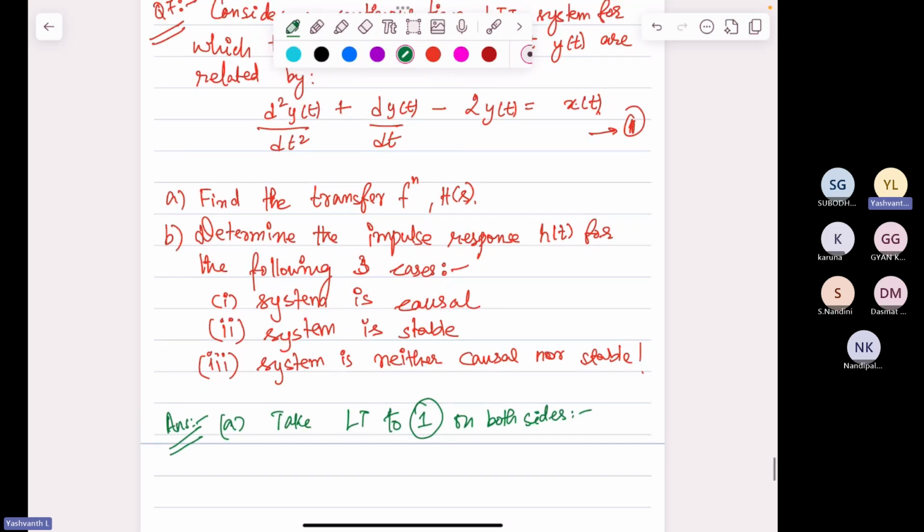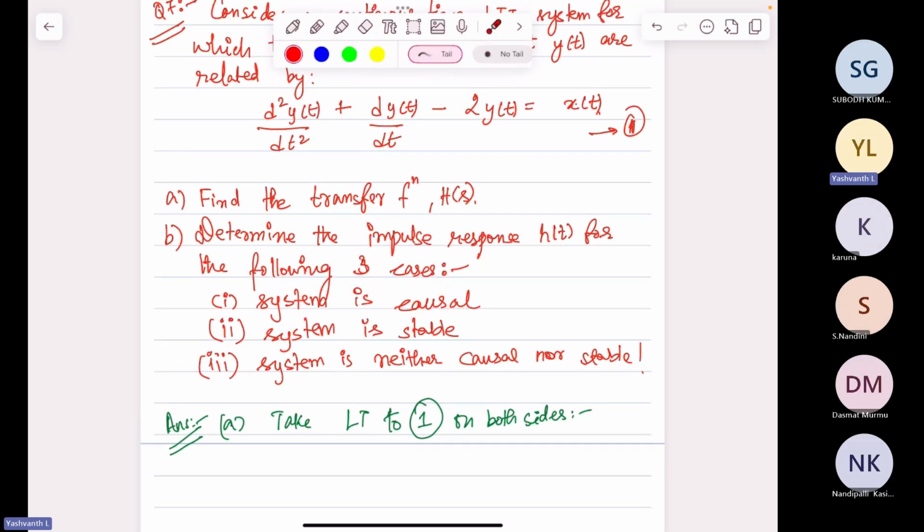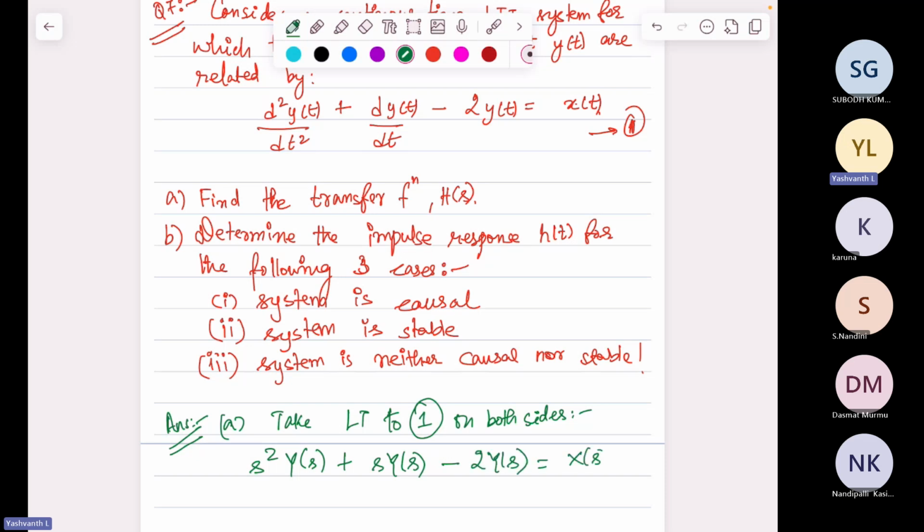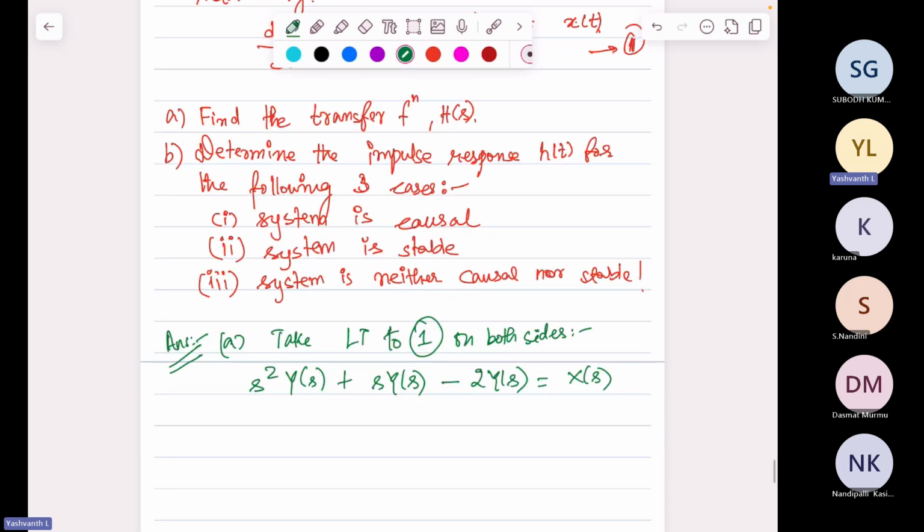By using the properties of the Laplace transform, differentiating y of t 2 times gives s square times Y of s, plus one differentiation means you multiply by s times Y of s, minus 2 Y of s equal to X of s. Now just rearrange.